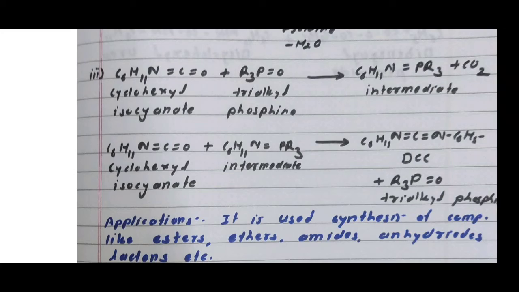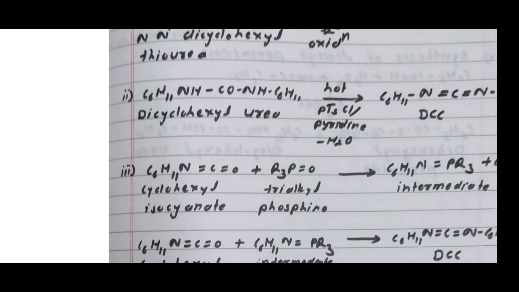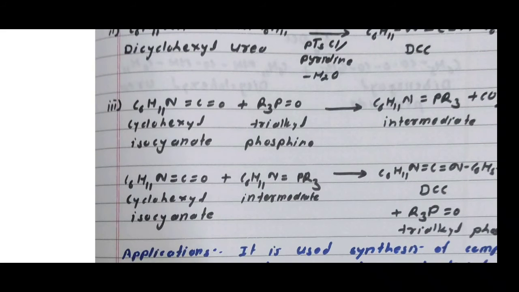This is the DCC. There are three methods of formation of DCC: one from N,N'-dicyclohexyl thiourea, second from dicyclohexyl urea, and third from two molecules of cyclohexyl isocyanate to form DCC.